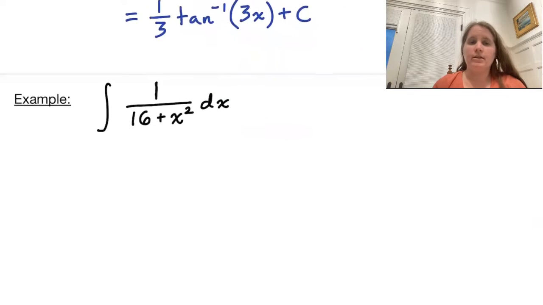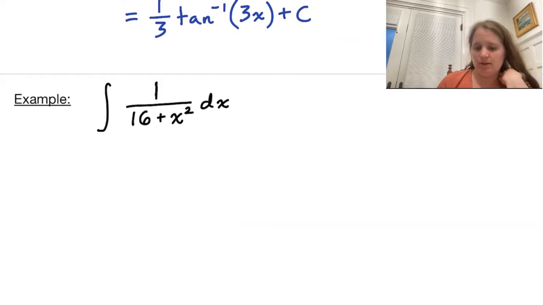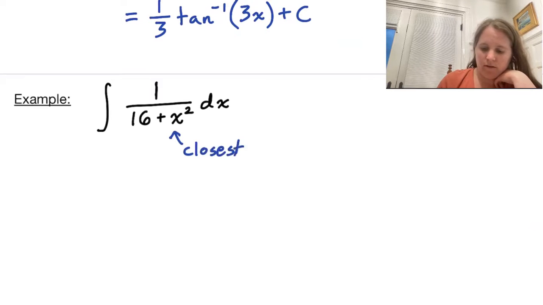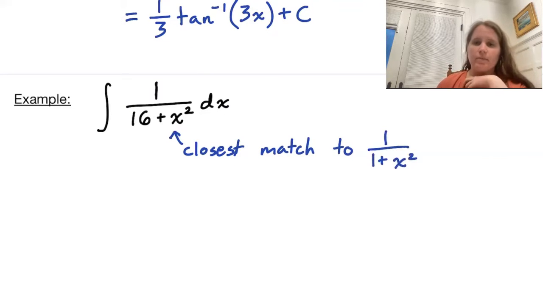Now let's take a look at another one. This looks again similar to 1 plus x squared in the denominator, but it's not exactly the same. So this is a closest match to 1 over 1 plus x squared, so we're going to force that format.